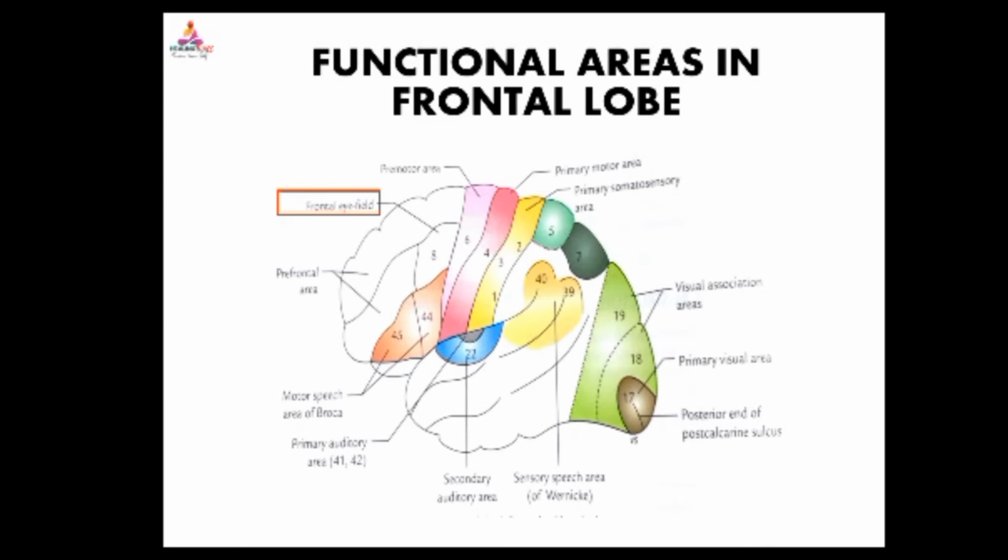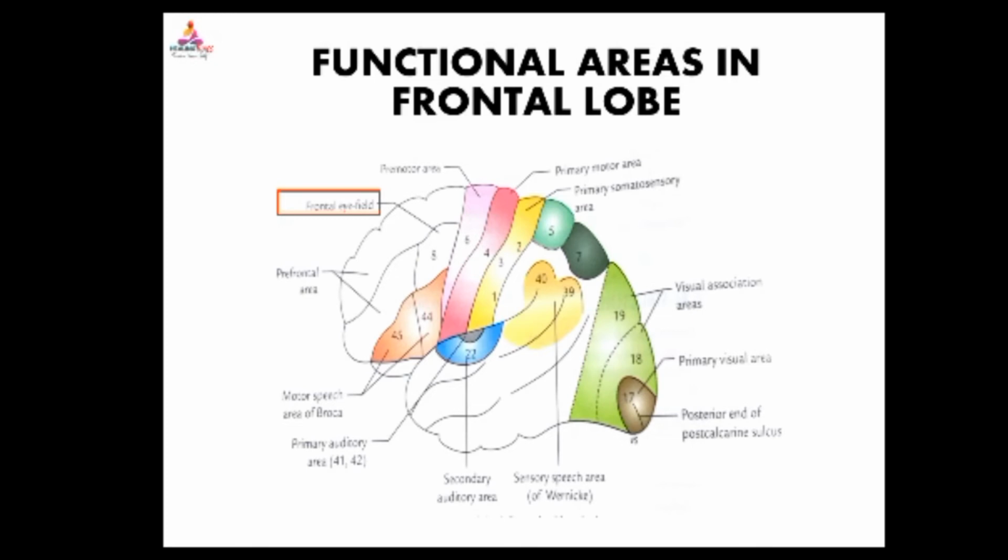Next is the frontal eye field, that is the area 8. The frontal eye field is located in the posterior part of the middle frontal gyrus, just anterior to the facial area of precentral gyrus.